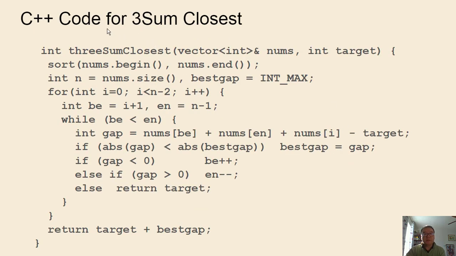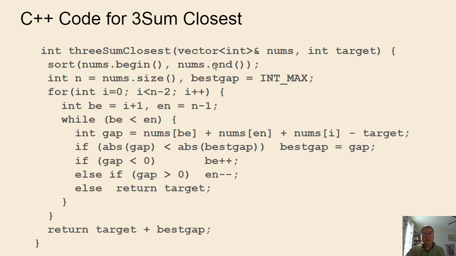Okay, so here's my C++ code for 3-sum closest. Again, if you're not familiar with C++, it's not that different from Java. You just focus on the logic here, which is pretty much the same whether we are writing in C++ or Java.